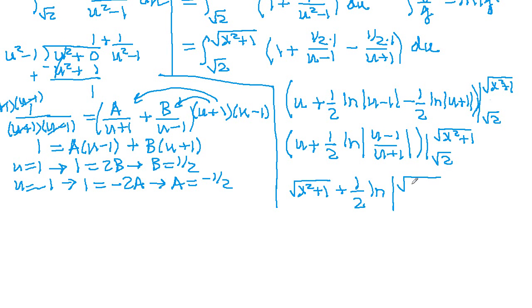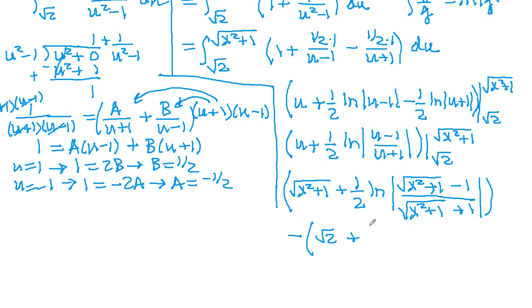So root x squared plus 1 minus 1 over root x squared plus 1, absolute value, and then that whole thing minus, now we're plugging in the root 2. So root 2 plus 1/2 natural log. And then on top, we won't need the absolute values here because everything will be positive. Root 2 minus 1 over root 2 plus 1.